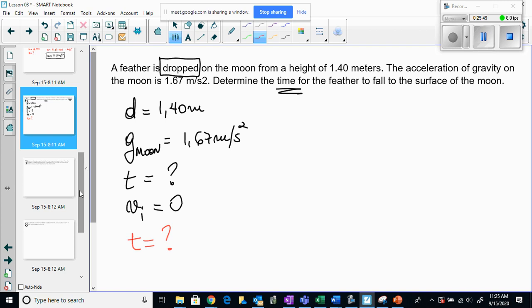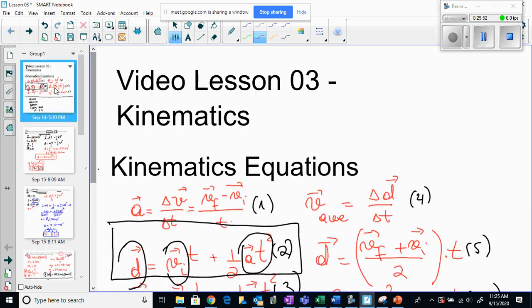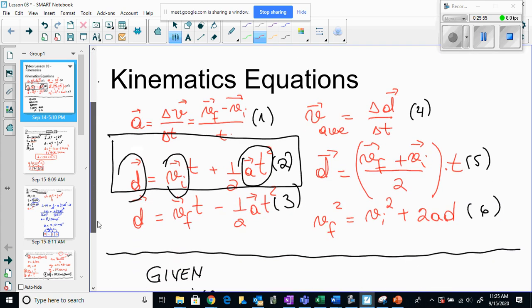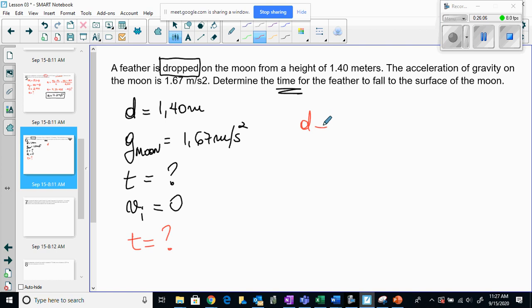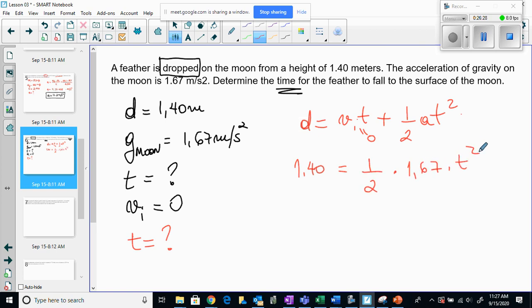So what is the formula that we will use? I will go back to the first slide that we have here. What is the formula that we will use to determine the time? Is it the first, second, third, what is it? Displacement is equal to the initial velocity times time plus 1/2 acceleration times time squared. Or 1.40 is equal to 0, since it is dropped, plus 1/2 times 1.67 times time squared.